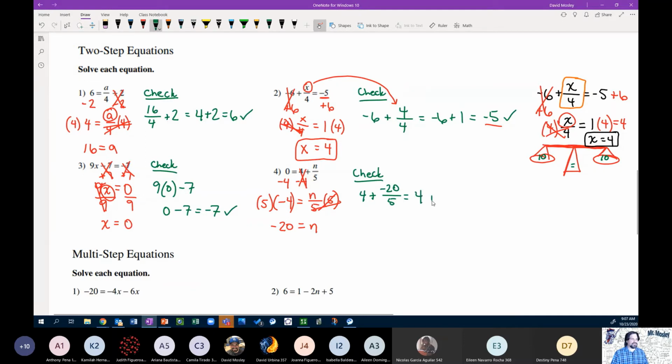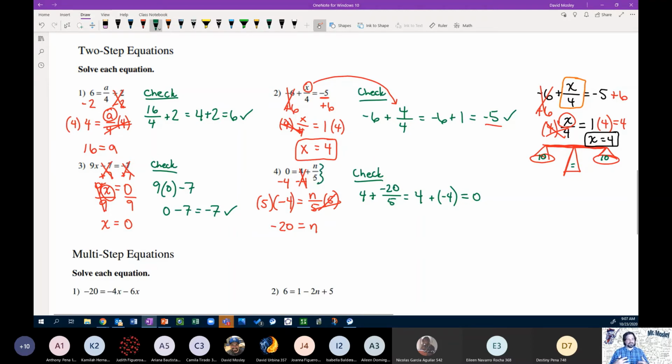This will equal 4 plus negative 4. 4 plus negative 4 is 0. So I multiplied by 5 on both sides because my n was being divided by 5. That's what this is doing right here, n divided by 5 right here.